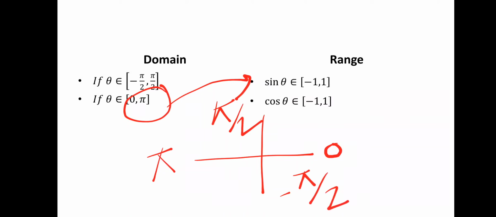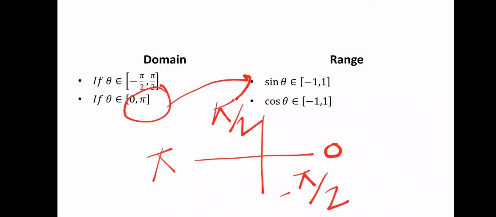Now you see in the first quadrant sine is positive, and in the second quadrant sine is also positive. So if I had taken 0 to pi for sine theta, I wouldn't have got any negative values. To get the negative values, I definitely have to go into the fourth quadrant.